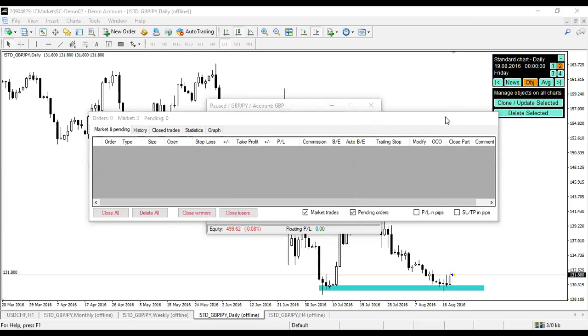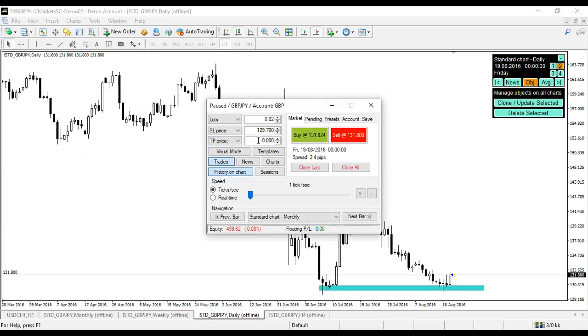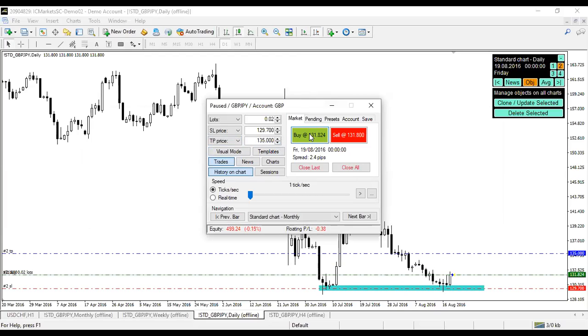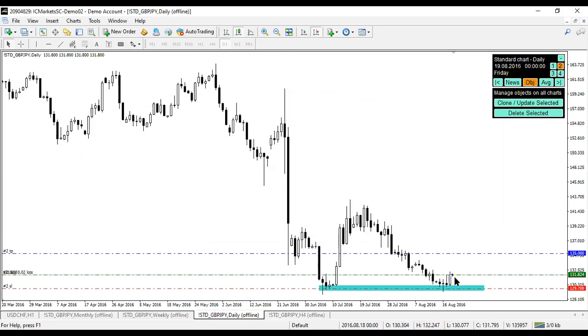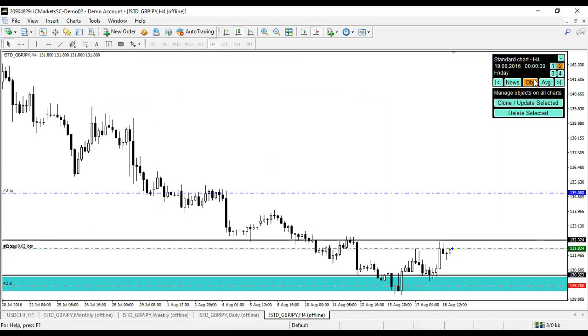Remove this first because I have put this. So 135 is our take profit. So this is our first trade here. The second option is once price comes down to retest this level, then we add further positions. So let's run this trade here and see what is going to happen.